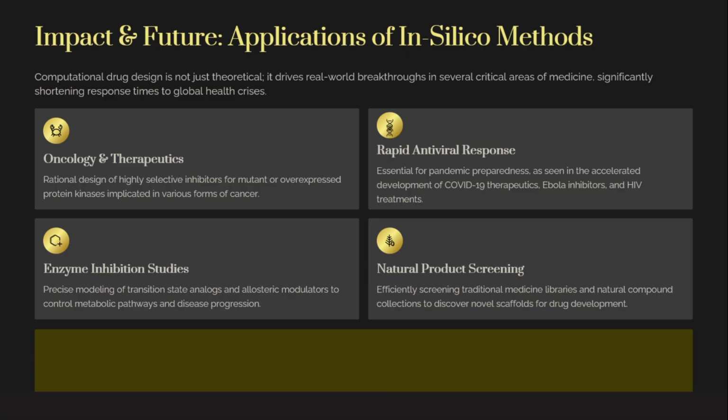COVID-19 messenger RNA vaccines were modeled using computational prediction of spike protein behavior. Docking studies are used for cancer drug design, like inhibitors for tyrosine kinases. These are examples of recent research in our world that utilize in silico methods.